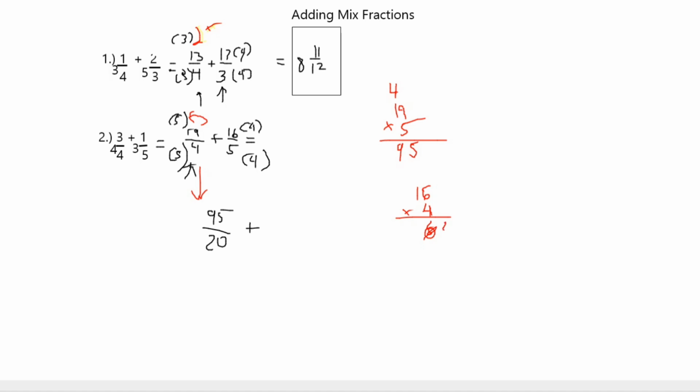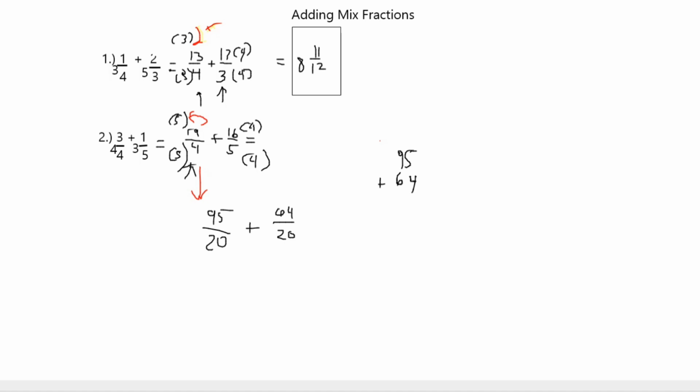Let's do multiplication. So 6 times 4 is 24. Then the 2. 4 times 1 is 4. So we got 64 over 20. So notice that we have the same denominator. Therefore, we're just going to add it.